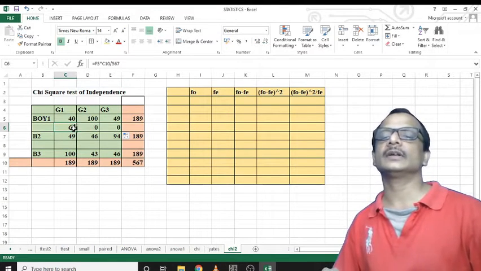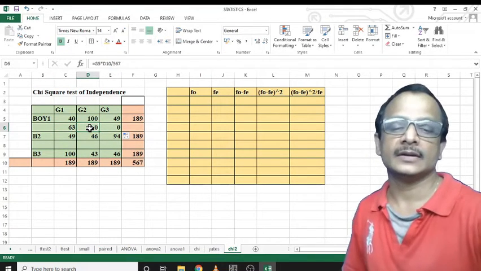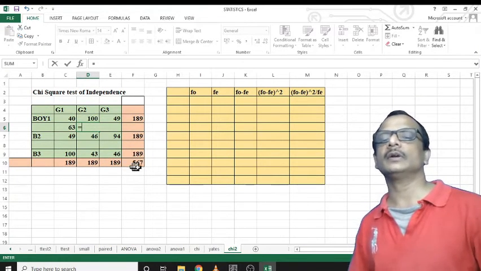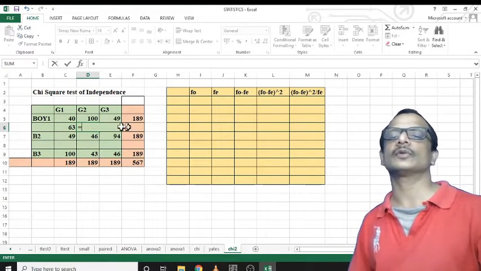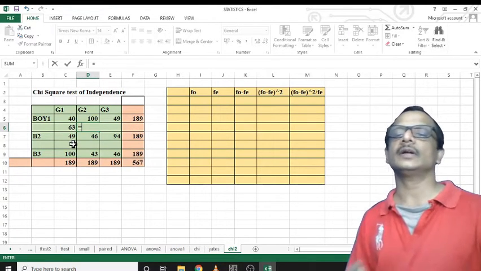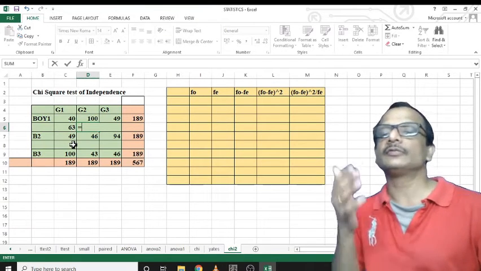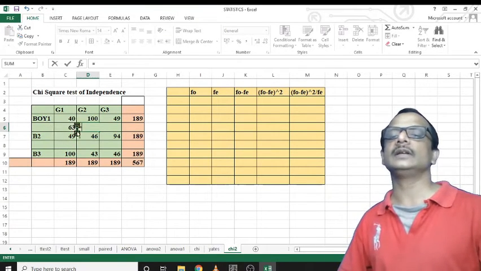Then I think it is needed to calculate for each area: row total into column total divided by grand total. Here also row total into column total divided by grand total. In that fashion, we have to calculate expected frequency for each of these 9 values.